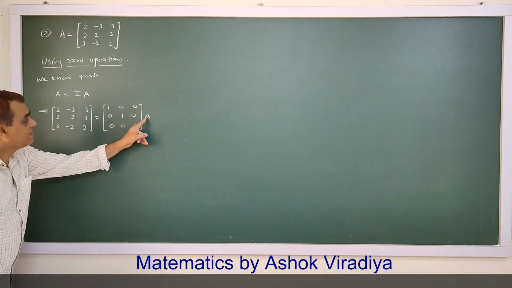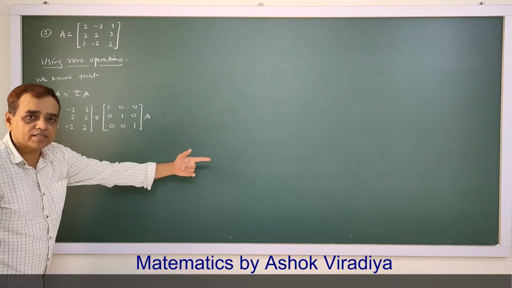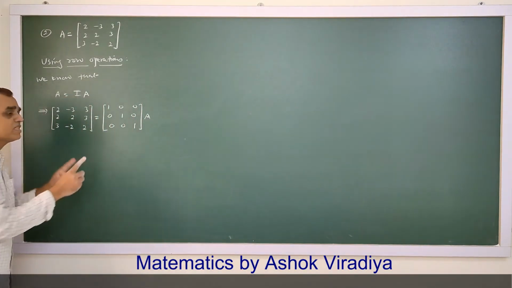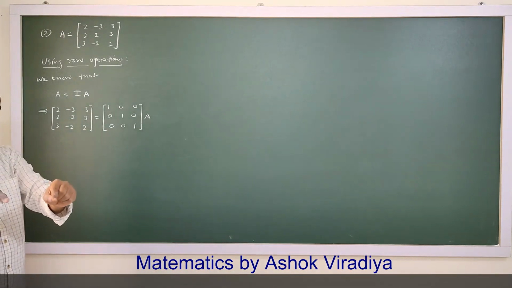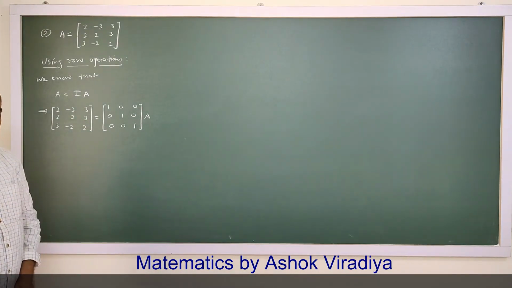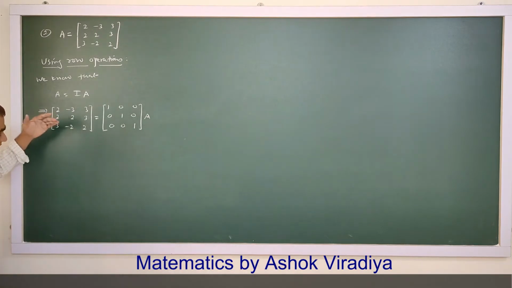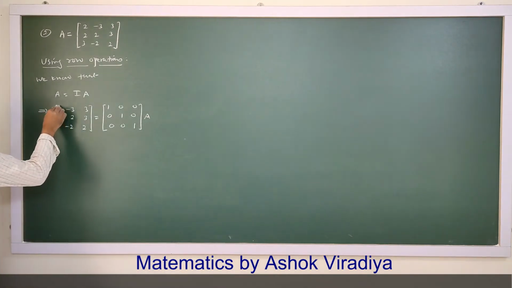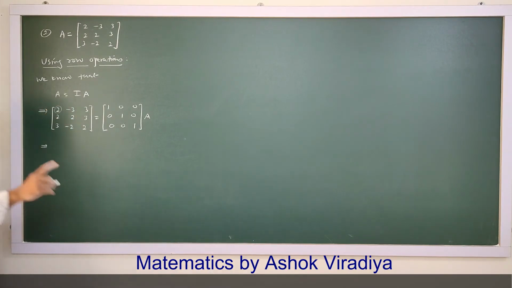This A we will carry forward as it is till the last step, and in the last step this will be converted into the unit matrix, the identity matrix. So converting this into the identity matrix, the first step is to get 1 here using row operations.